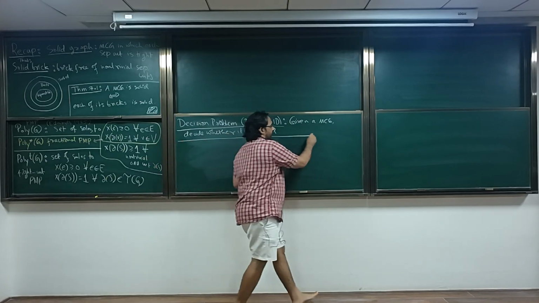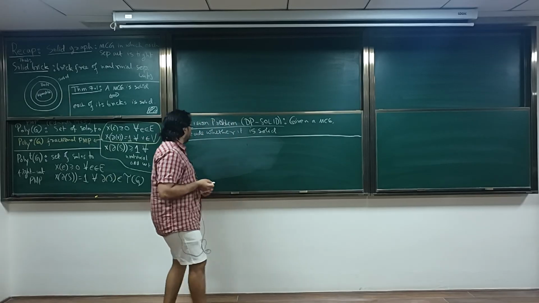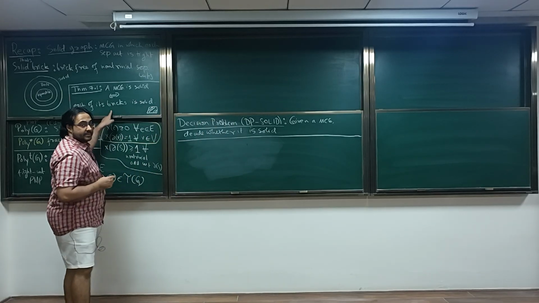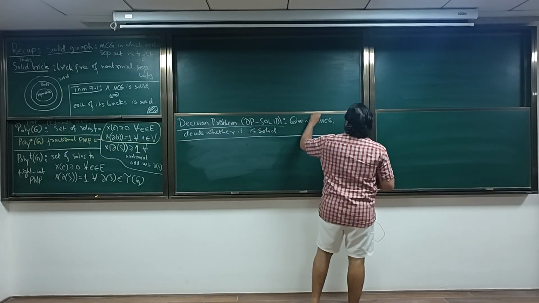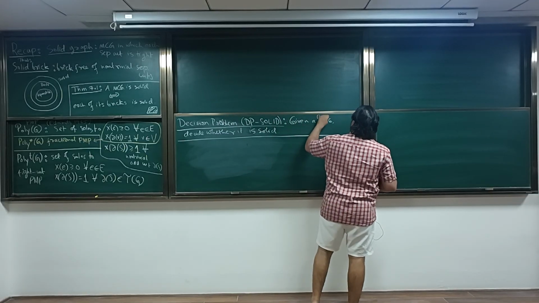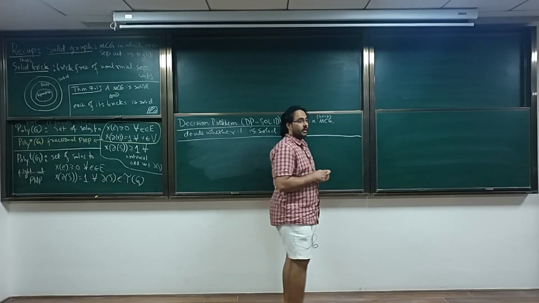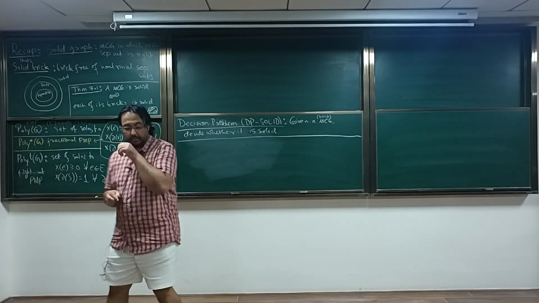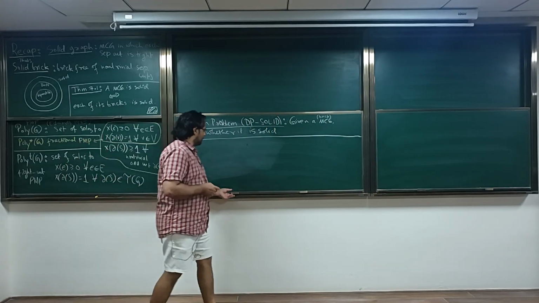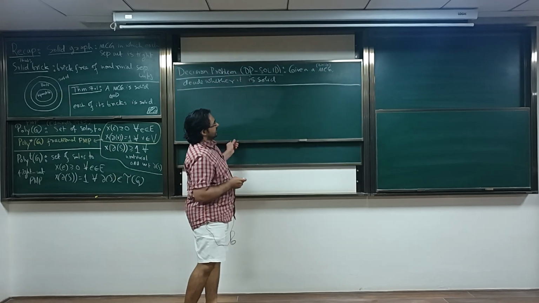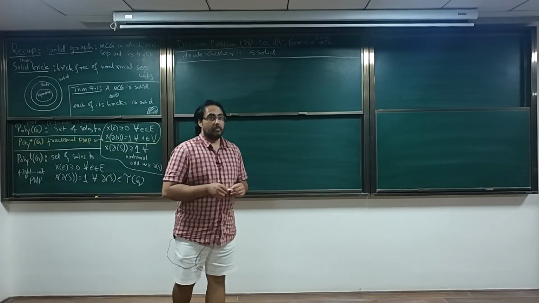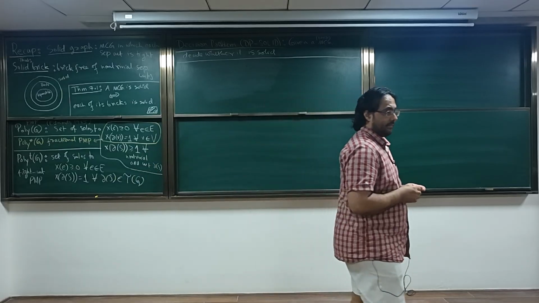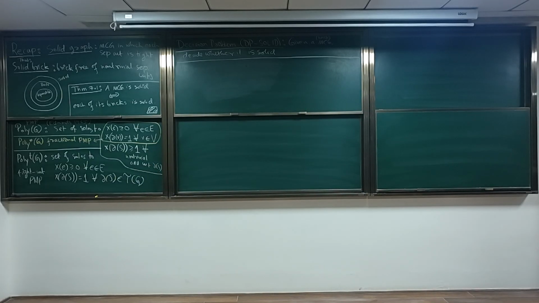Right, and because we can compute the bricks and braces in polytime, it follows that it suffices to solve this problem for bricks. So given a brick, decide whether it is solid. Okay. So that is an open problem in the sense that it is clearly in co-NP, but it is not known to be in NP, and therefore also not known to be NP-complete.